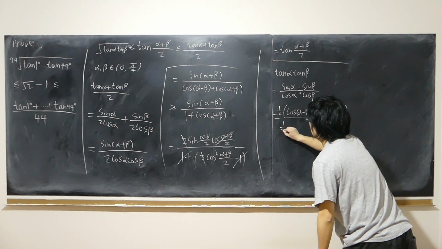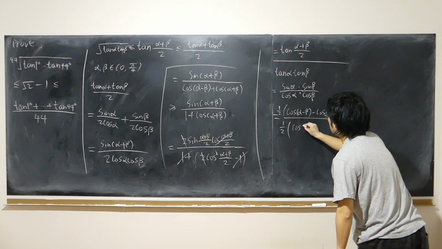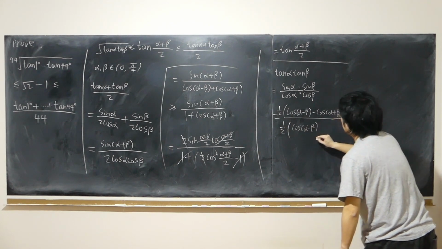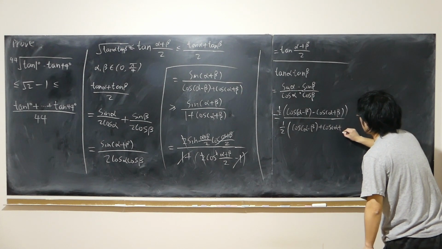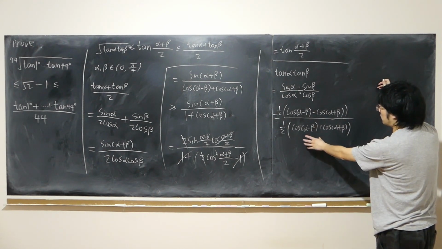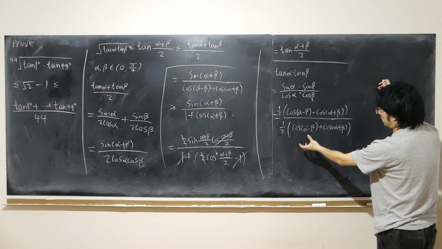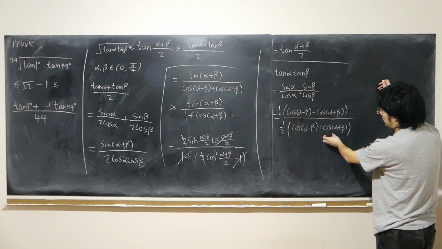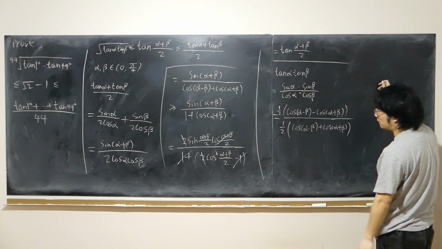Again, on the bottom, we also have times half, times cosine of alpha minus beta. Then I think it's plus cosine alpha plus beta, right? Same reason: cosine alpha cosine beta, cosine alpha cosine beta, twice of them, right? Sine alpha sine beta, sine alpha sine beta, here's a minus, so plus minus, sine alpha sine beta is gone.